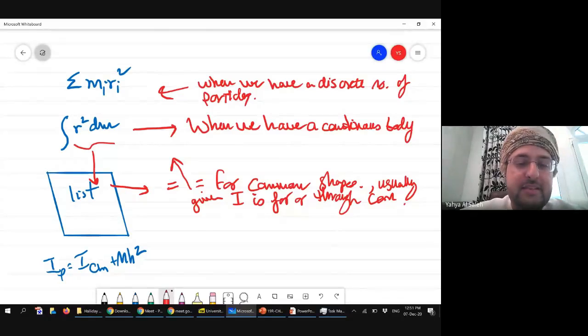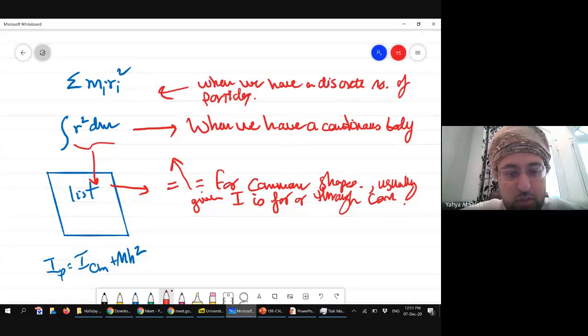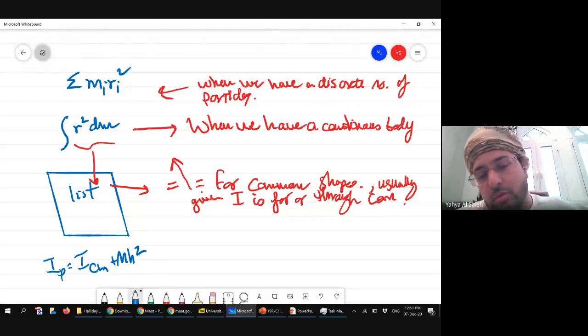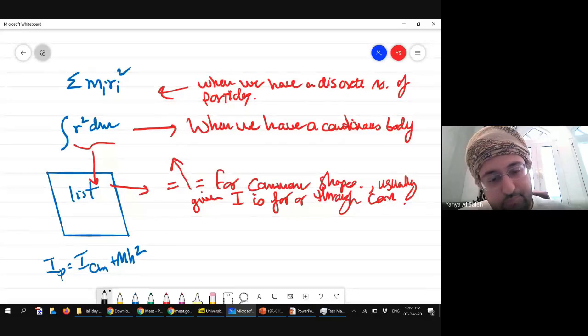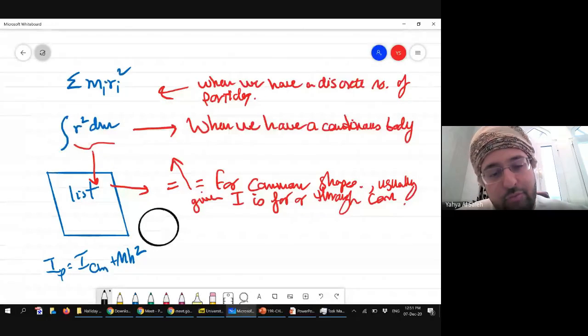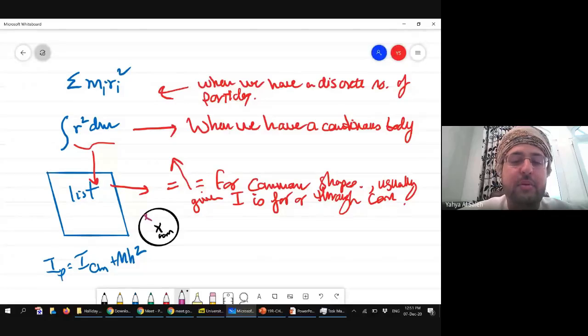So if you look at this list, it will give you for a disk through the center of mass. It will not give you through the edge, for example. Usually these tables don't give you that.